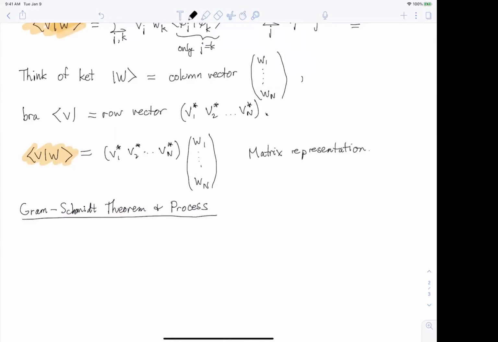Okay, and so here's the statement of it. Let's say I'm given an ordinary basis, which I'm going to call, for the purposes of this theorem, psi sub j. So these are linearly independent, but they're not necessarily orthonormal.